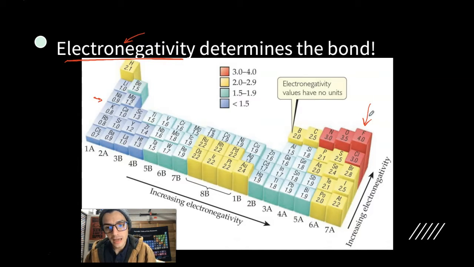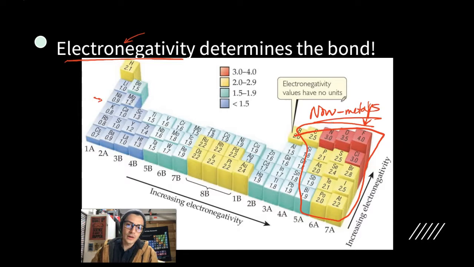If it's very, very high, like it is over in these elements on the side, which you notice, these are the nonmetals over here. Nonmetals over on this side. And those nonmetals all have very, very high electronegativities. That's what makes them nonmetals. So if you bond a nonmetal to a metal, you're basically going to form an ionic bond.